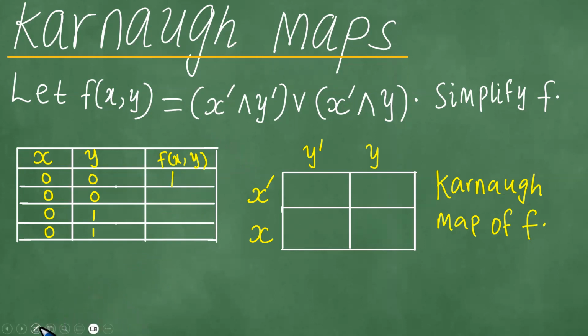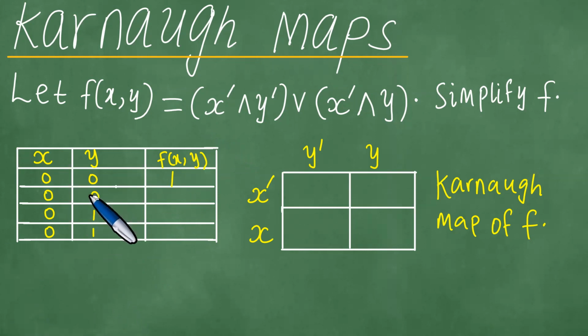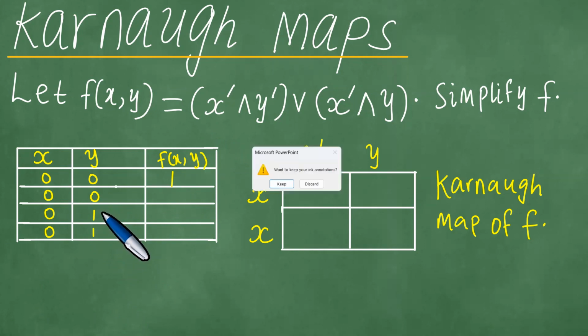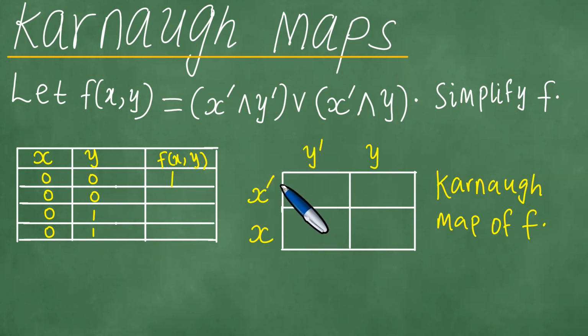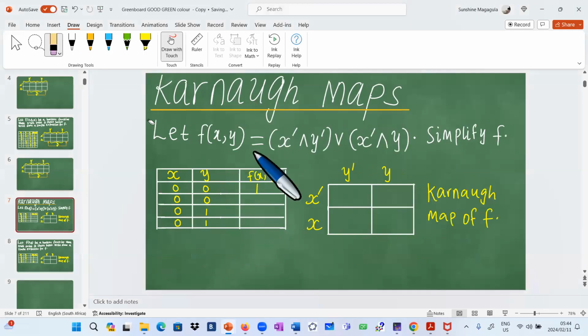So let us make a small change here. Right, so I want to remove something here. Going to make a small change. So this one here must be a 1.